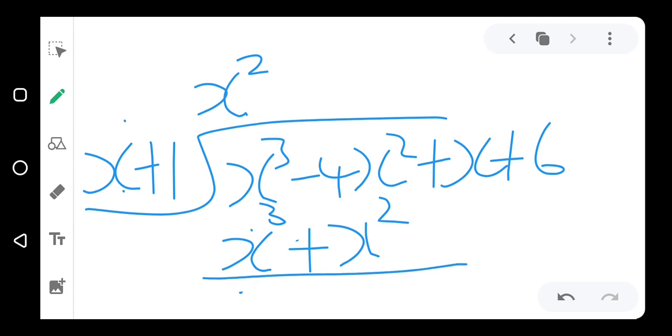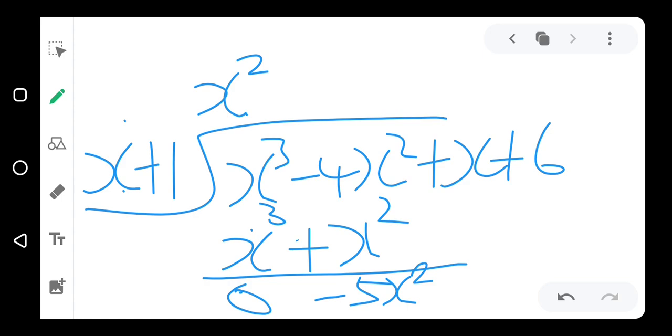Now, after doing this, we subtract. x raised to power 3 minus x raised to power 3 will give us 0, and minus 4x raised to power 2 minus x raised to power 2, that is minus 4 minus 1, will give us minus 5x raised to the power 2.